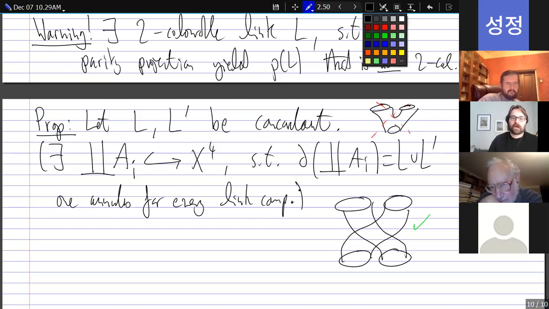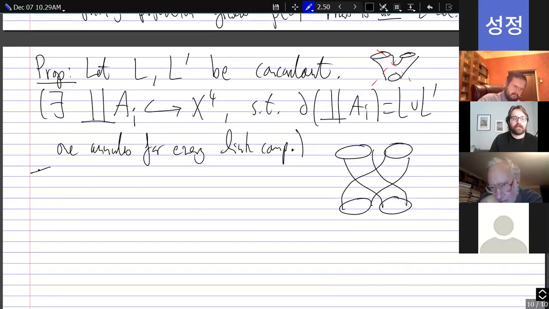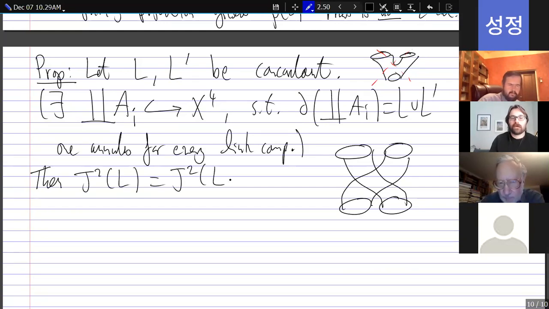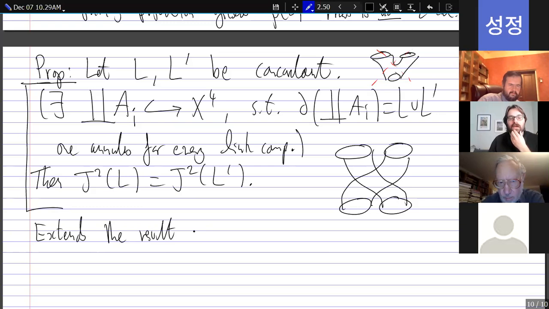So let L and L prime be concordant, then the two color writhe of L is equal to the two color writhe of L prime. And this extends the result in the knot case that the odd writhe is a concordance invariant.